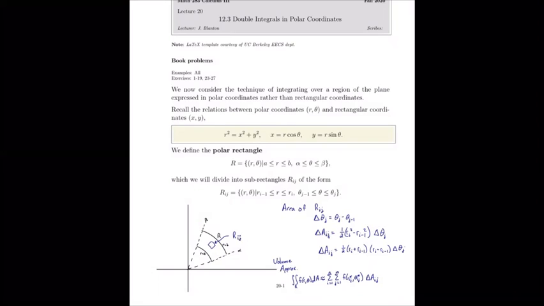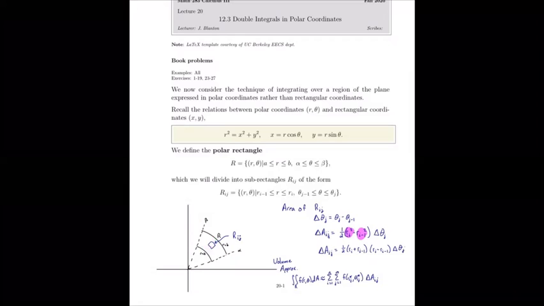So delta A, the area of this ith, jth subpolar rectangle, is 1/2 r_i squared delta theta minus 1/2 r_{i-1} squared delta theta. This is the outer radius, this is the inner radius, so we're finding the area of the larger sector and then subtracting the area within the smaller sector.